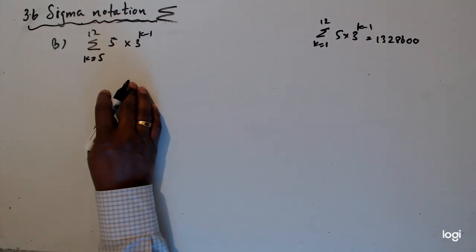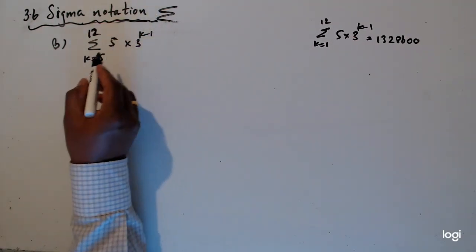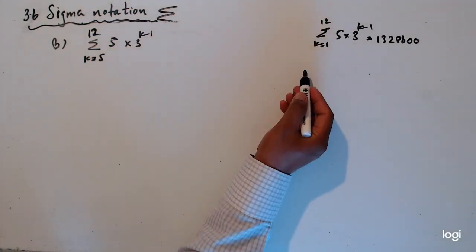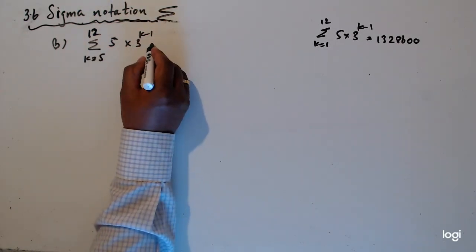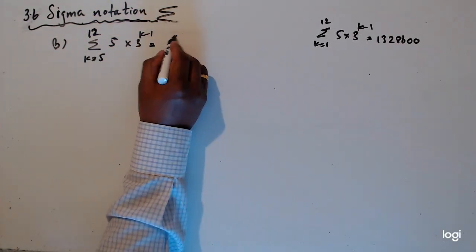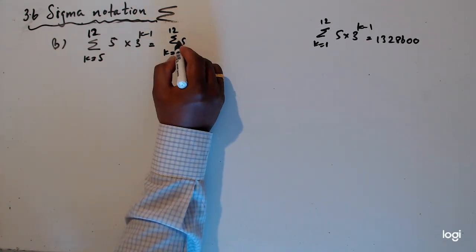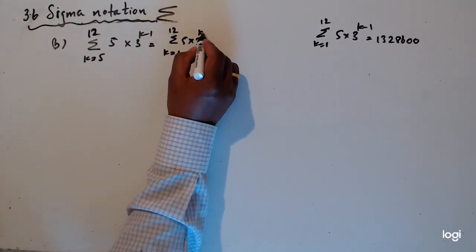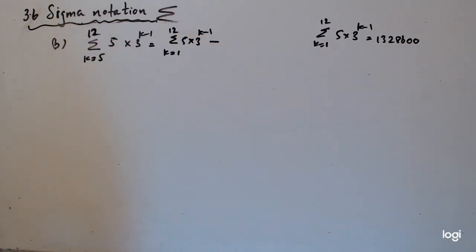Part B. The same series, 5 times 3 to the power k minus 1. Now we need to find not 1 to 12, we need to find 5 to 12. So 5 to 12 means k equals 1 to 12 minus 1 to 4.